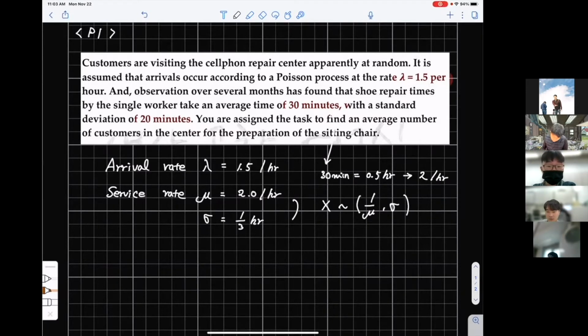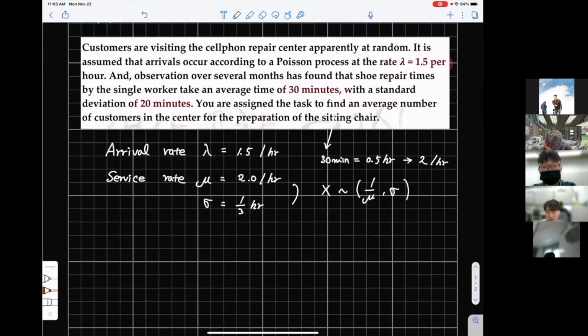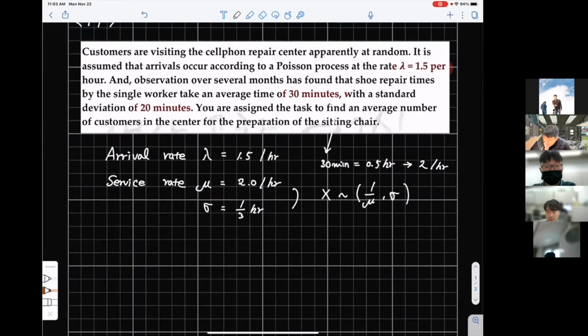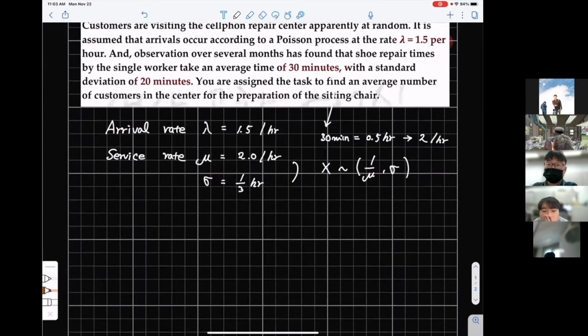From here, the service time X follows this distribution. So the arrival process follows a Poisson distribution, and service time follows a general distribution. So this model is M/G/1 because there is only one shop.